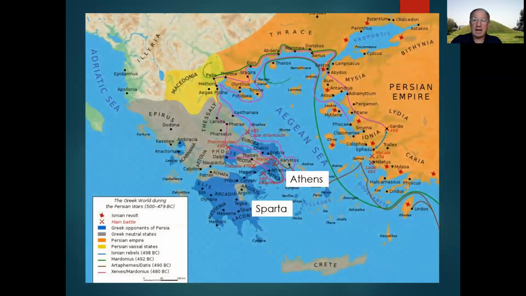Now, this is what classical Greece looked like around 500 BCE. At the time, it was threatened with invasion by the Persian Empire. The two most important city-states were Athens and Sparta. Athens, the largest, had a population of about 300,000 and was organized as a democracy.